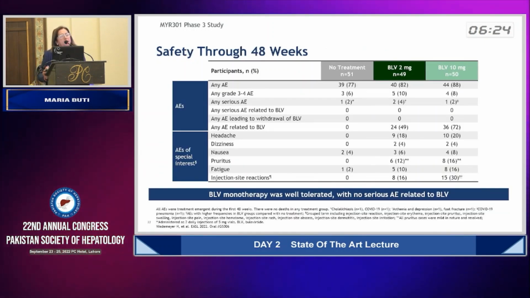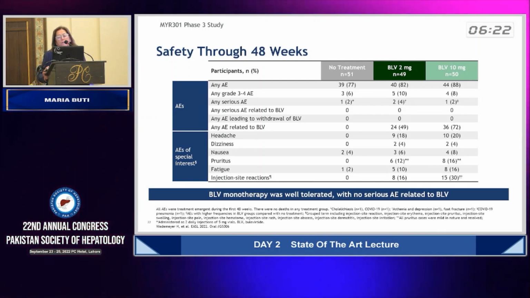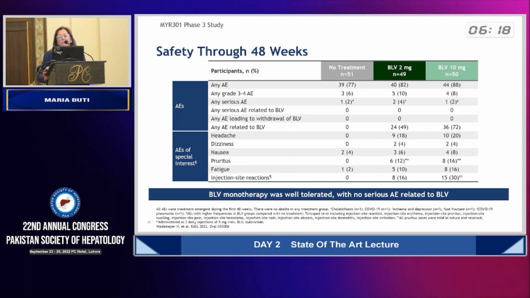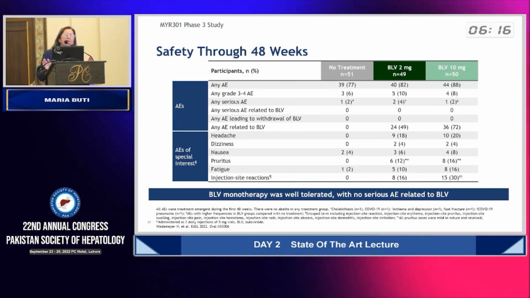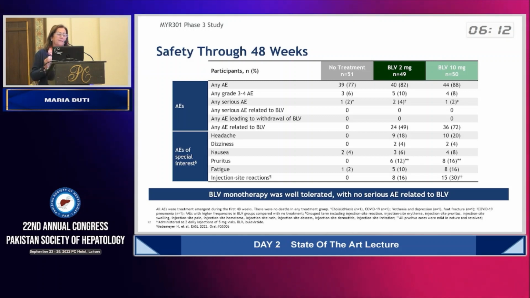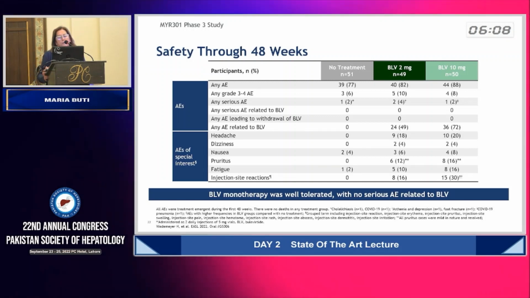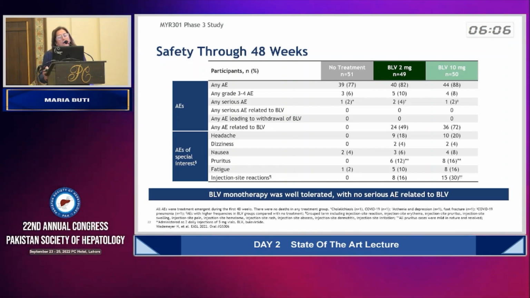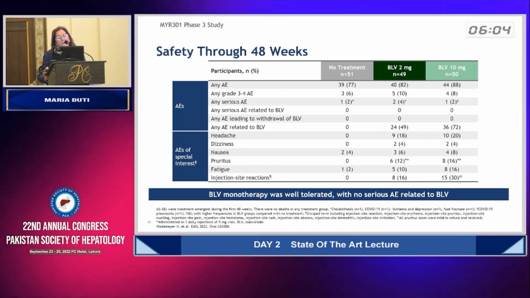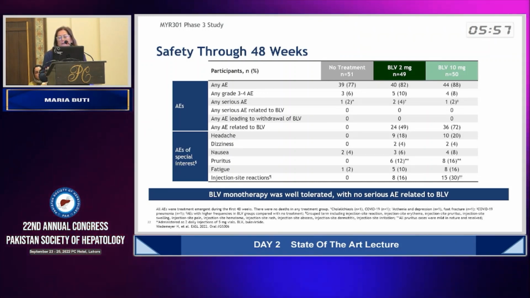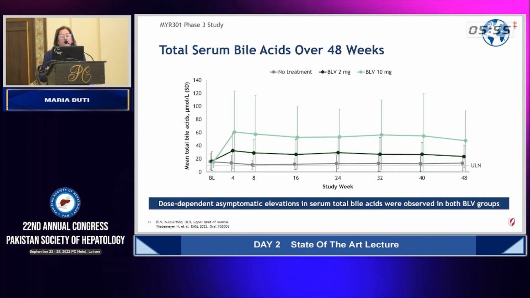And regarding safety, that is an important question. Patients treated with both 2 milligrams or 10 milligrams have the same rate of minor adverse events than those without treatment, showing that monotherapy with bulevirtide is safe, very well tolerated, and there is no serious adverse event related with this compound.